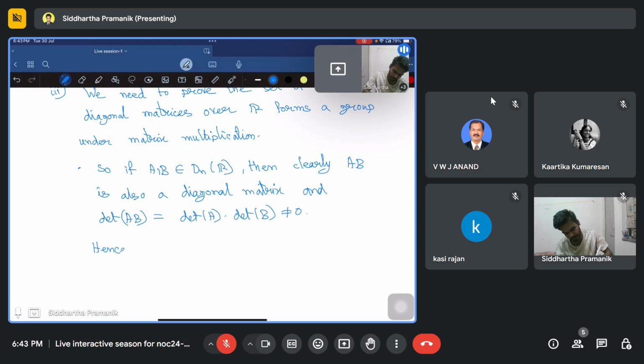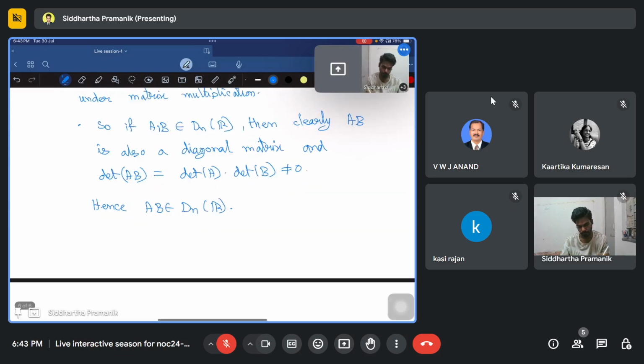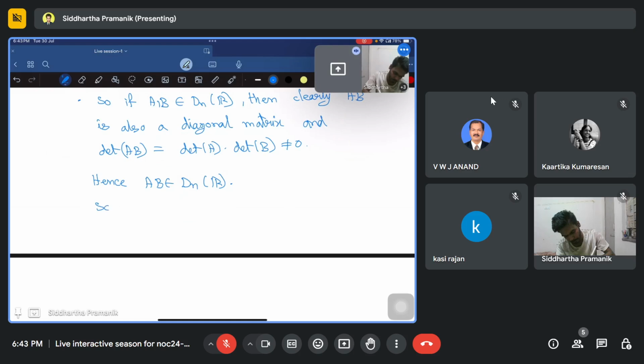That means AB belongs to Dn, so the closure property holds. So D(n,R) is closed under matrix multiplication.